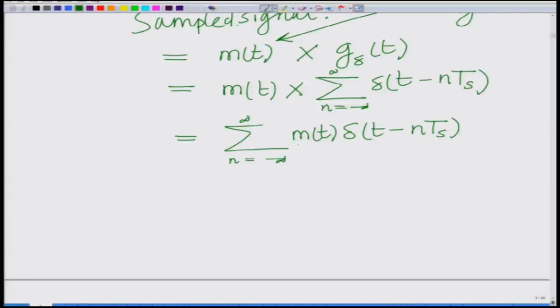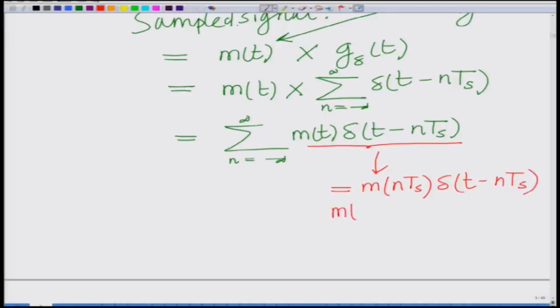Now, you can use the property that m t into delta t minus n Ts is equal to m of n Ts into delta t minus n Ts, where we are using the property that m t into delta t minus t naught equals m of t naught into delta t minus t naught.